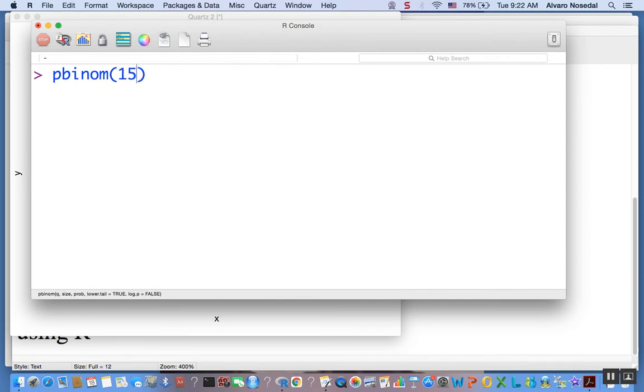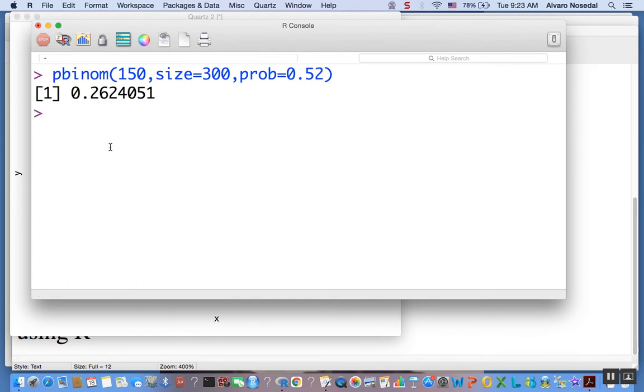You need the number where you want to evaluate the CDF, the parameter n size, in this case 300, and the probability of success for each trial, 0.52. But that is just the CDF evaluated there.